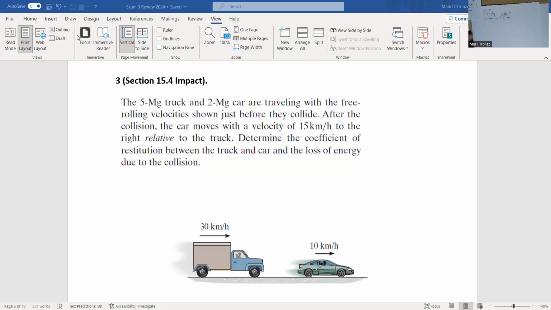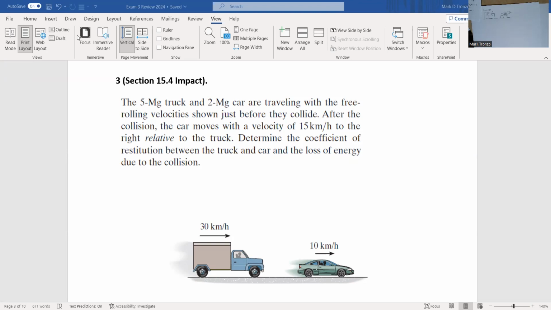Next, let's take a look at this problem. We have this truck colliding with a car, and the truck weighs 5 megagrams. That'd be 5,000 kilograms. The car is 2 megagrams or 2,000 kilograms.